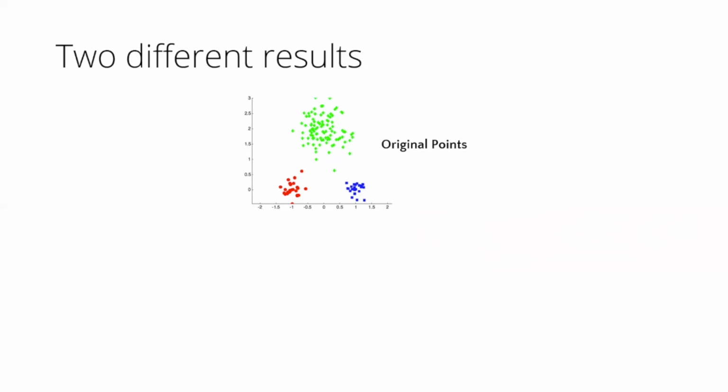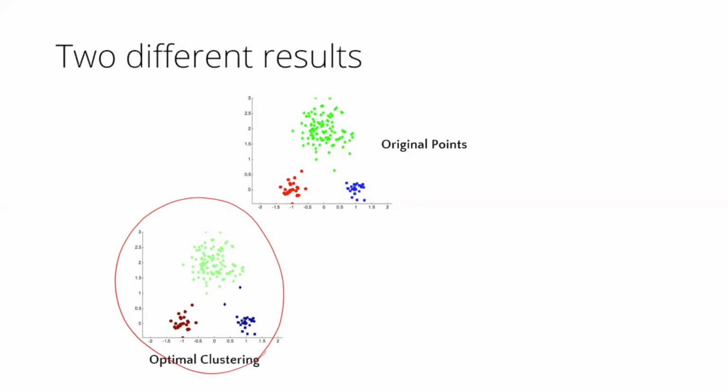I've color coded them in blue, green, and red, but originally there's no pre-assumed color coding, so just assume everything was gray dots. Now, an optimal clustering, probably the globally optimal solution, is to cluster the points in a way that preserves the actual structure of the clusters.